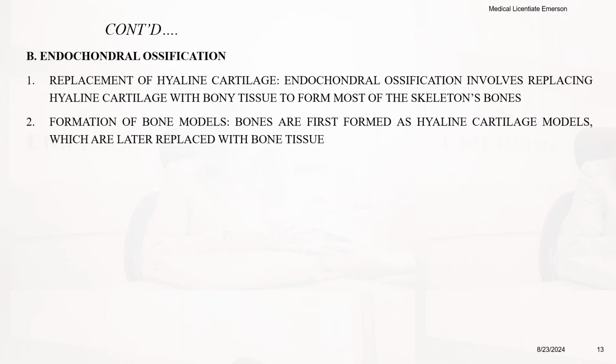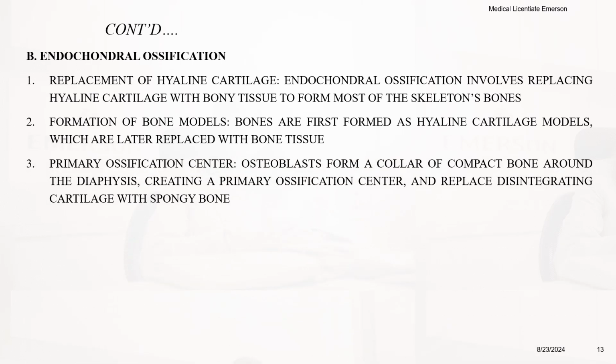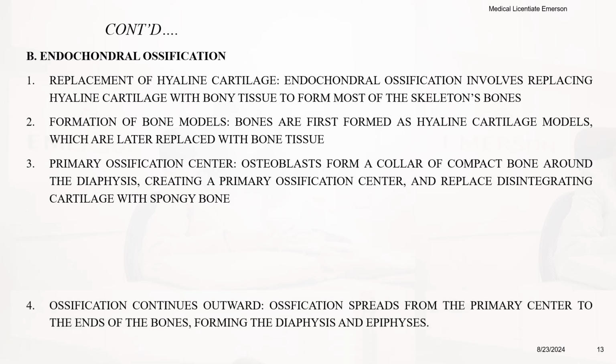The formation of bone models: bones are first formed as hyaline cartilage models, which are later replaced with bone tissue. Then the primary ossification center, where the osteoblasts form a collar of compact bone around the diaphysis, creating a primary ossification center and replacing disintegrating cartilage with spongy bone.